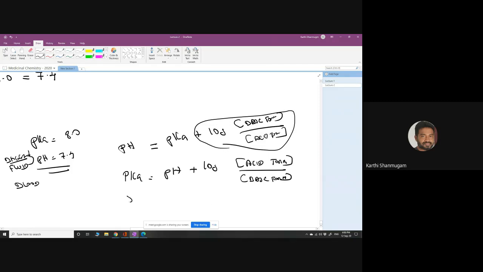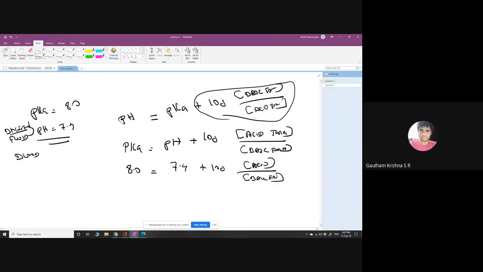So the pK is given as 8.0, which is equal to the pH 7.4 plus log acid form over base form. That's all. So can you solve this and tell me the value? Is it 25%? Don't first tell the percentage, right? Can you first solve this before going for percentage calculation?